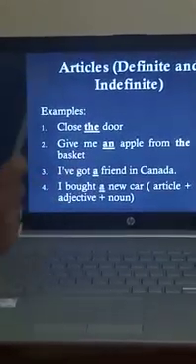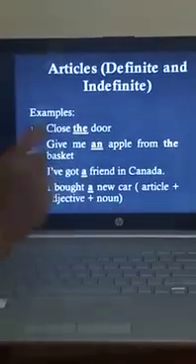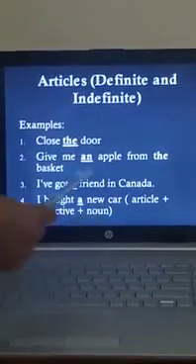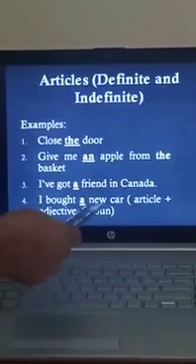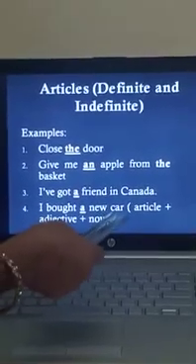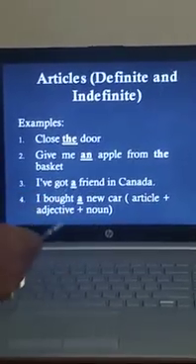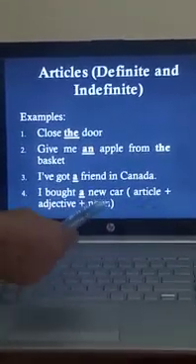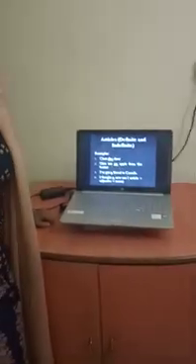I bought a new car. Here, a new car. New is adjective. So sometimes determiner will come before adjective. For example, a is article plus adjective plus noun. Children, clear? Understood? Okay.